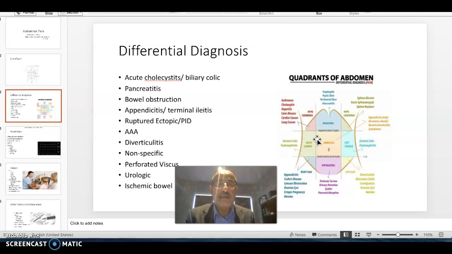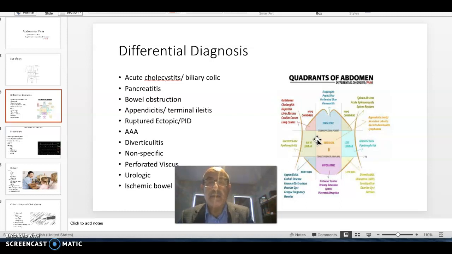Now, a few things that you need to put in your mind and always remember are the following two things. Ischemic bowel: small bowel ischemia can be either embolic or a result of low volume flow. That will be discussed at later dates, but think about ischemic bowel because it also can mimic any problem.